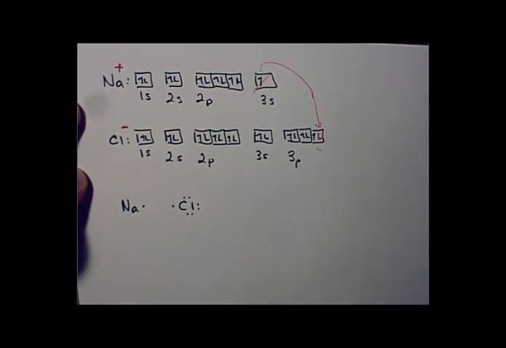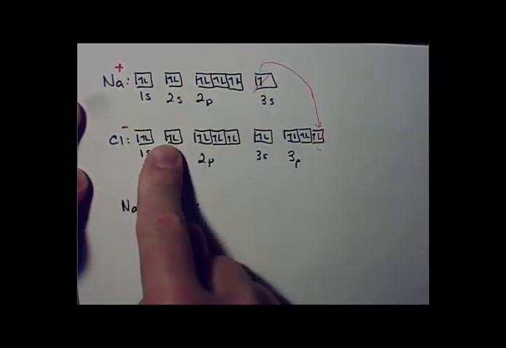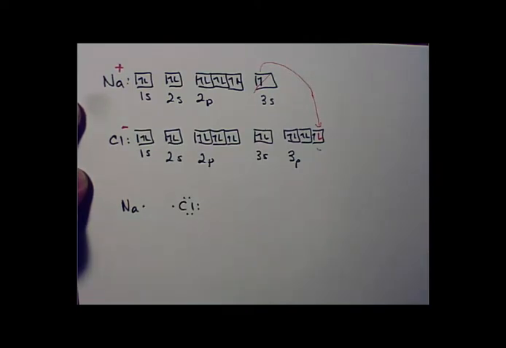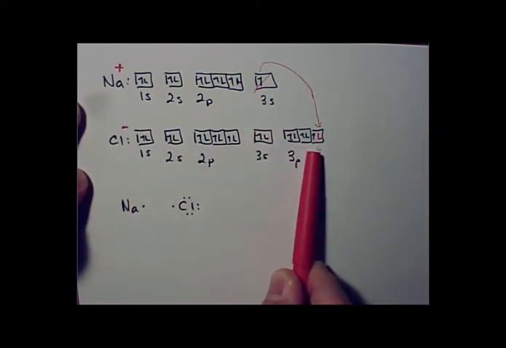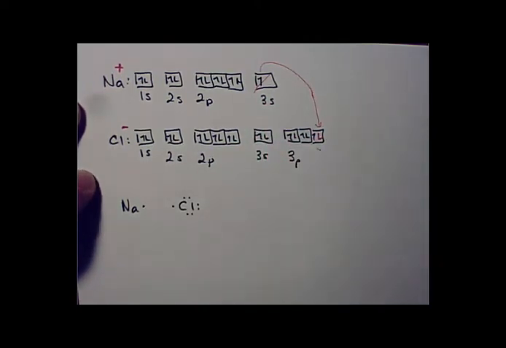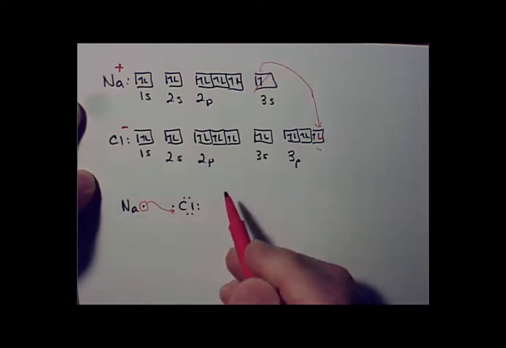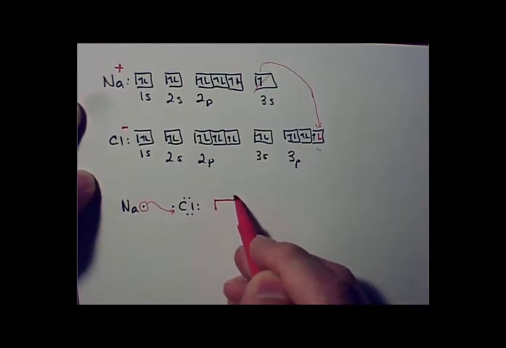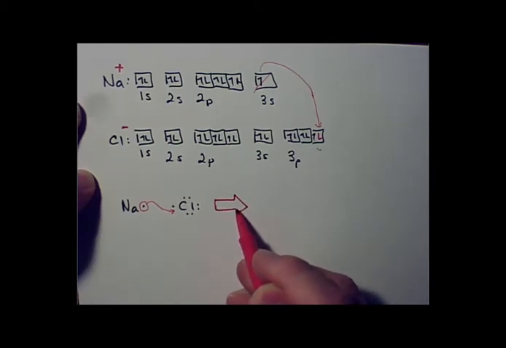Okay, so in this drawing, in orbital notation, we showed how the electron left here and went to here. We're going to do that same thing here. This electron is going to leave here and go there. Okay? Then we're going to draw a new drawing that shows the result after it leaves.